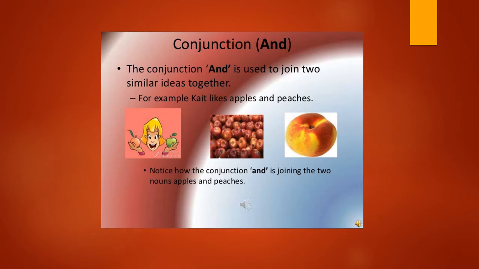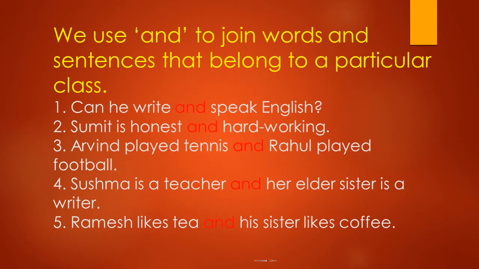So here we have to notice how the conjunction and is joining the two nouns, apples and peaches. Okay? So students, we use and to join words and sentences that belong to a particular class.